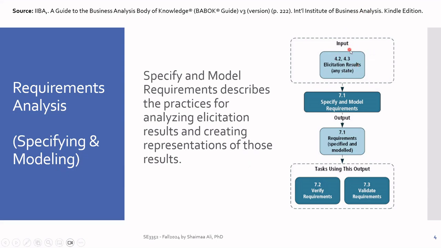So we start with the input that is the outcome of the elicitation stage, and then we apply specify and model. And then the output is more specific, so requirements specified and modeled. It's just a little bit more specific representation of the requirements.